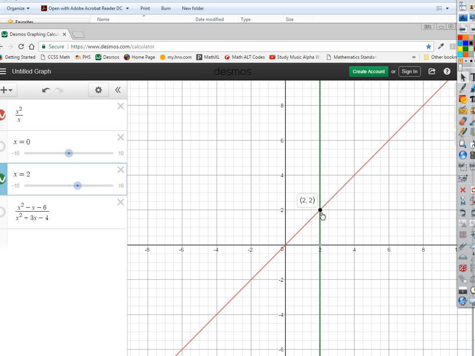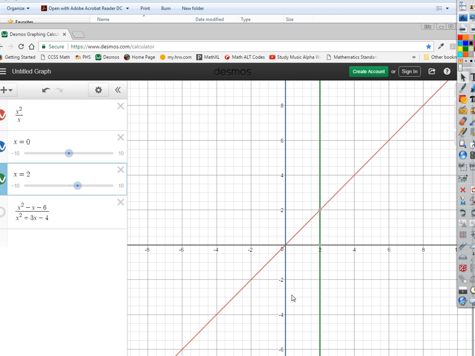And we'll watch this. If I graph the vertical line at x equals 0, there's no point there. Did Desmos forget? Desmos never forgets, right? Okay. So what's going on? It means that there is no intersection, that the red line is not defined at 0.